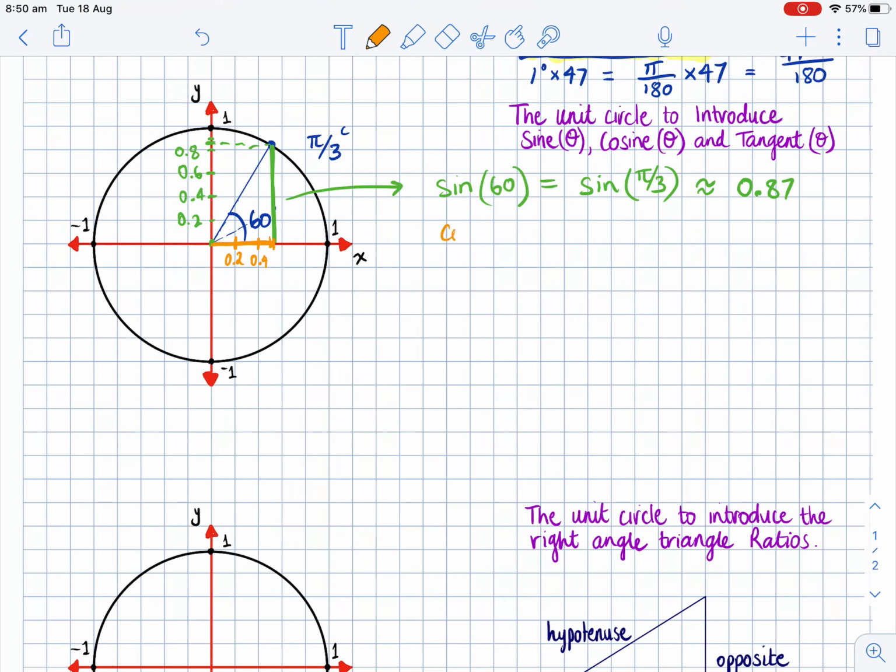So I could say that cosine of 60 degrees is the same as cosine of pi on 3, and I'm estimating from my diagram at 0.52. Now the actual value for cosine of 60 is 0.5. So you can see again, using the physical length of my hand-drawn diagram, I'm able to estimate those values really, really closely, because they're just lengths. Sine and cosine are just lengths.